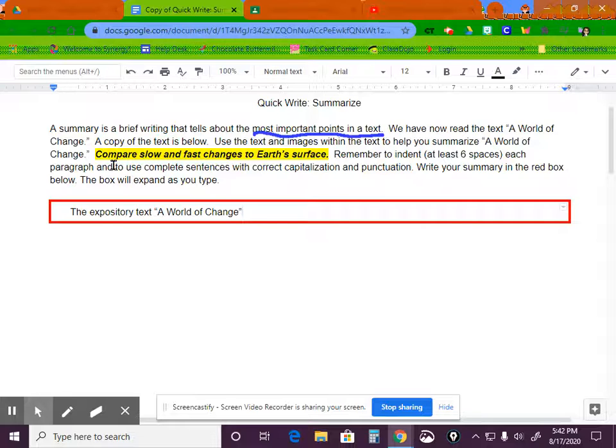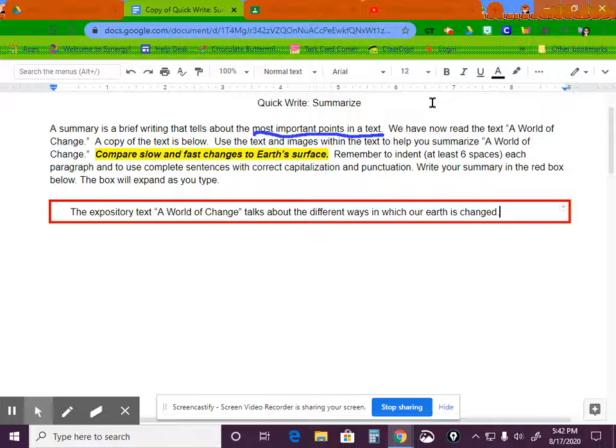And again, I need to bring into my topic sentence that I'm going to be talking about the slow and fast changes to Earth's surface. Talks about the different ways in which our Earth is changed.